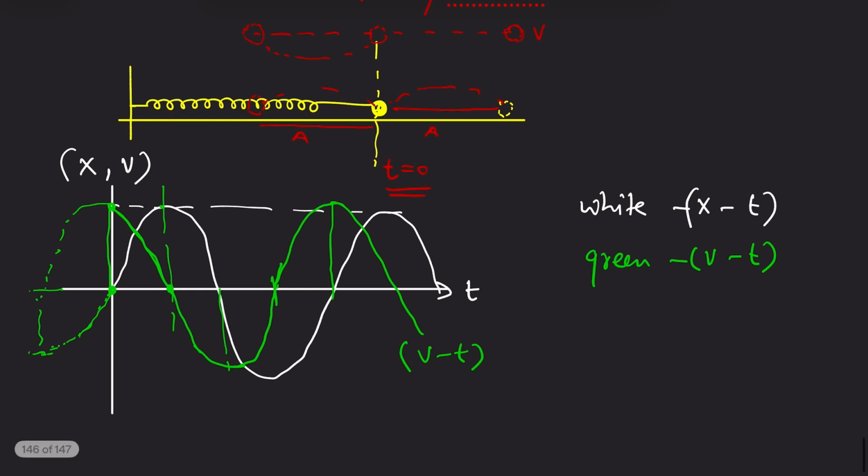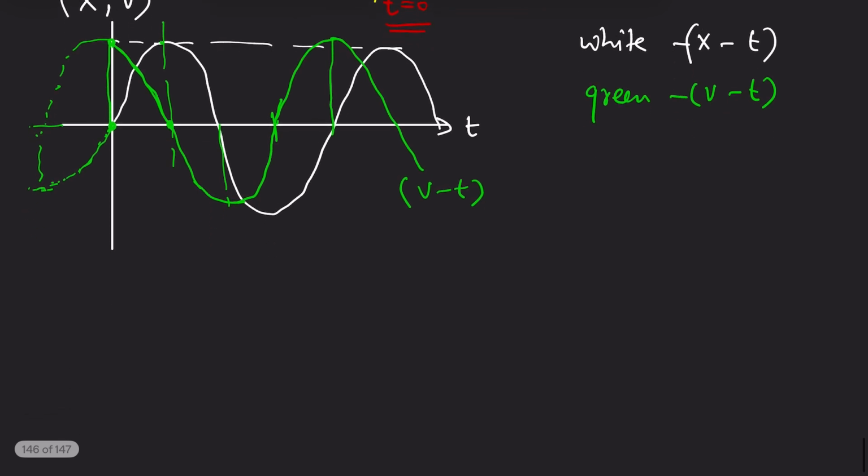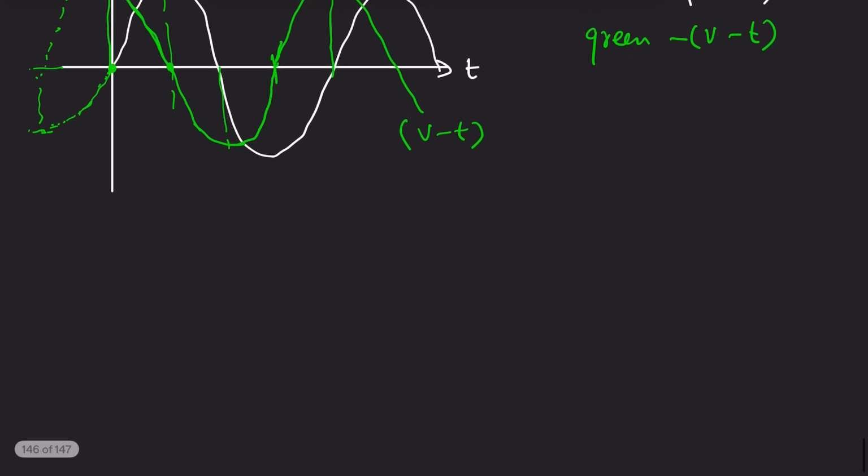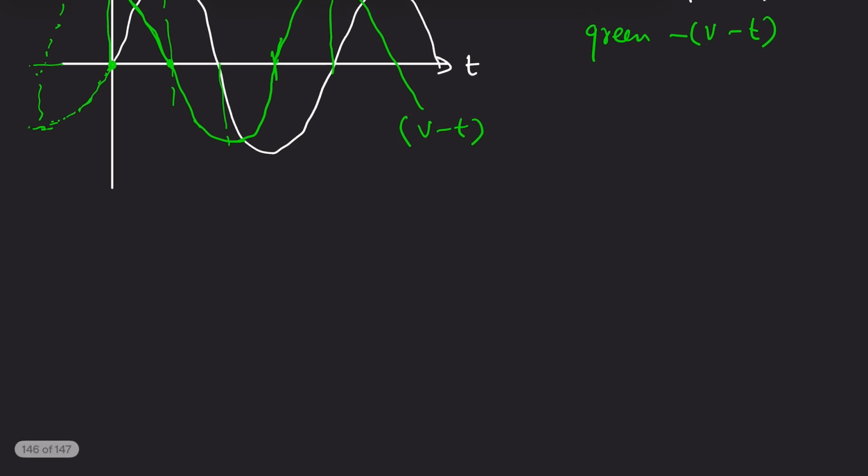Now I'm going to replicate this whole idea in the form of a phasor. So let's see. The size of the phasor of position is going to be a.